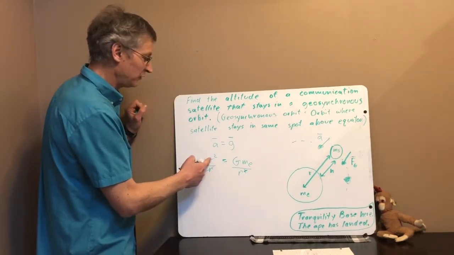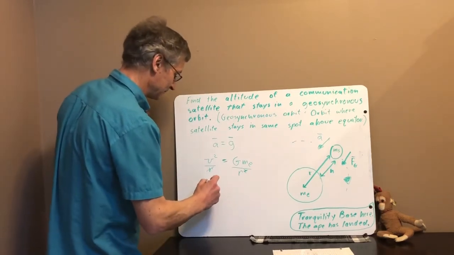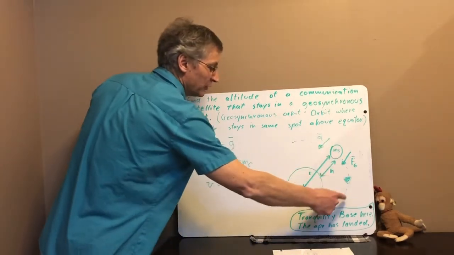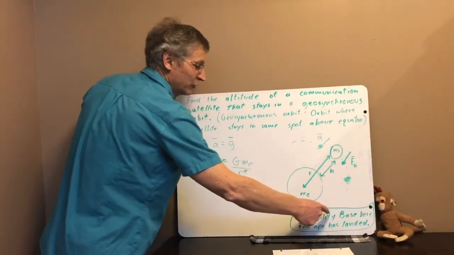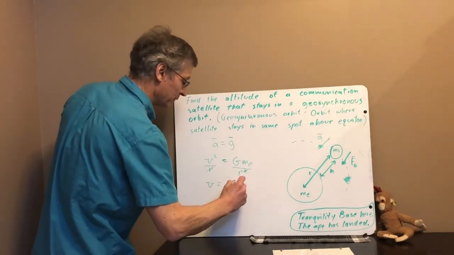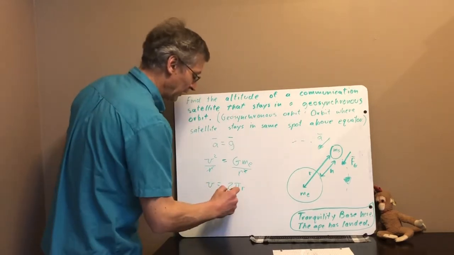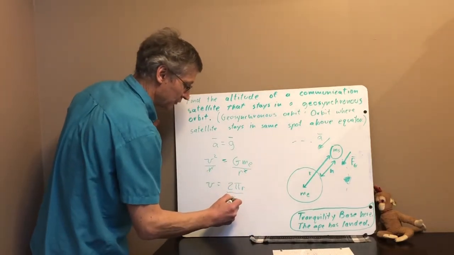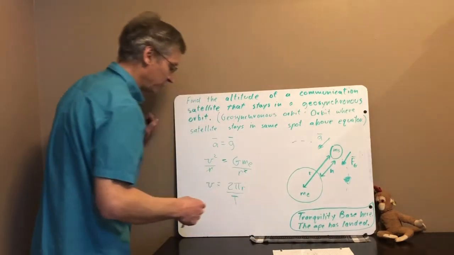What's the velocity of this thing? Well, you've got to remember the magnitude of the velocity is going to be how much ground this thing covers over the course of one revolution. That's basically going to be the circumference of the circle it's following, 2 pi r, divided by how long it takes to go around the circle once. We'll call that big T. That's how long it takes to go around once.